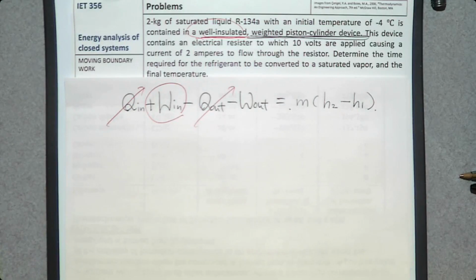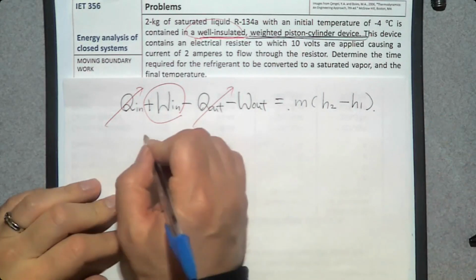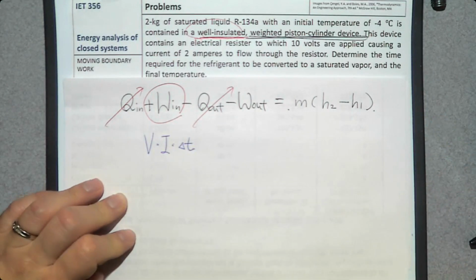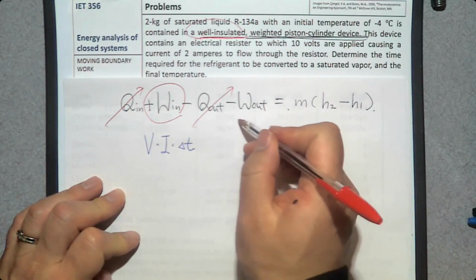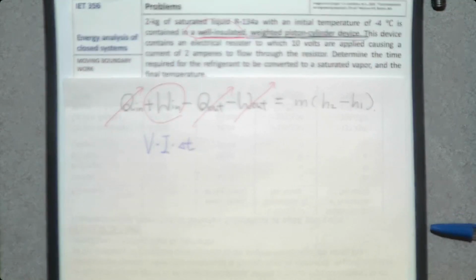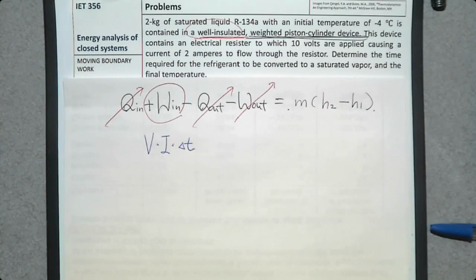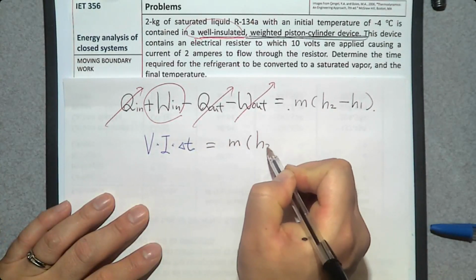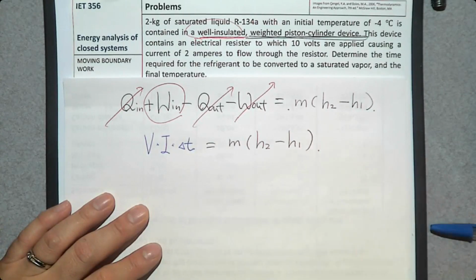Voltage times current times time, delta t. What about energy transfer by work of the system? None. So this is going to be mass times H2 minus H1.